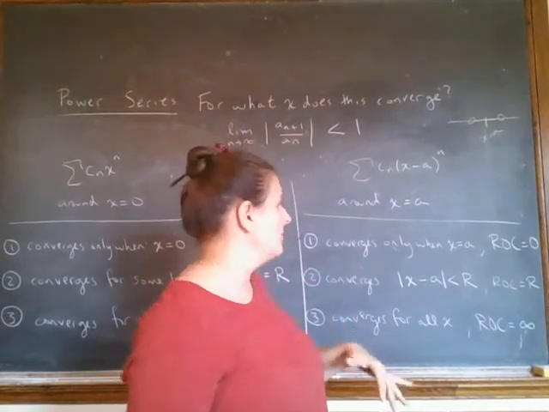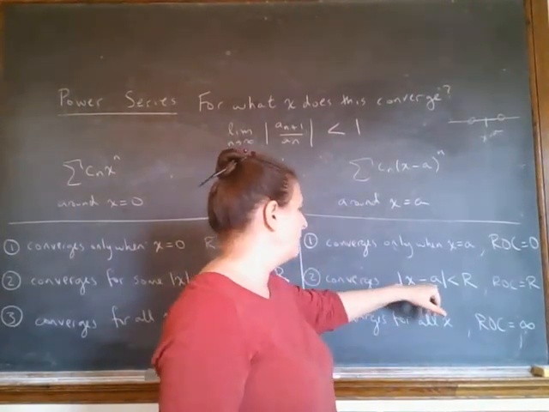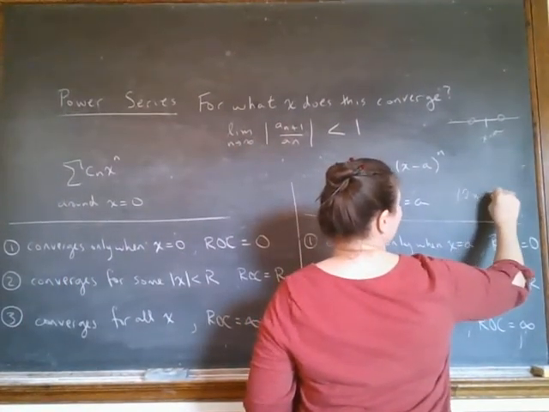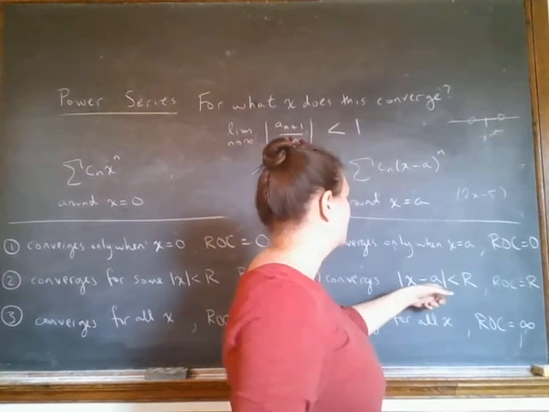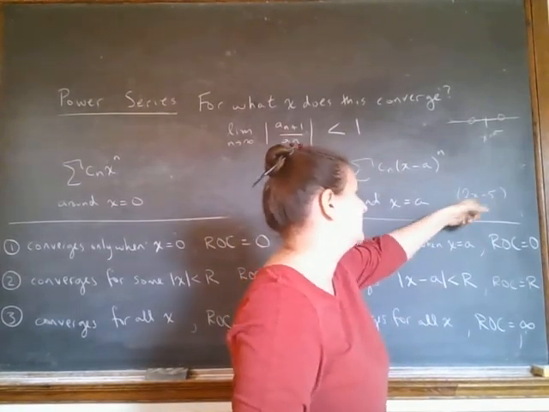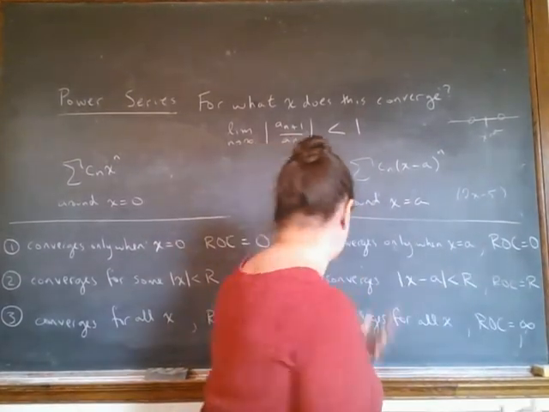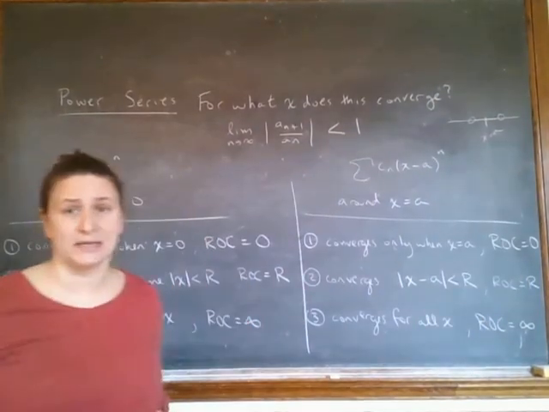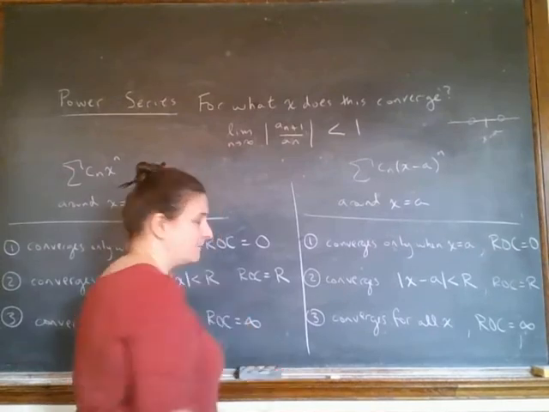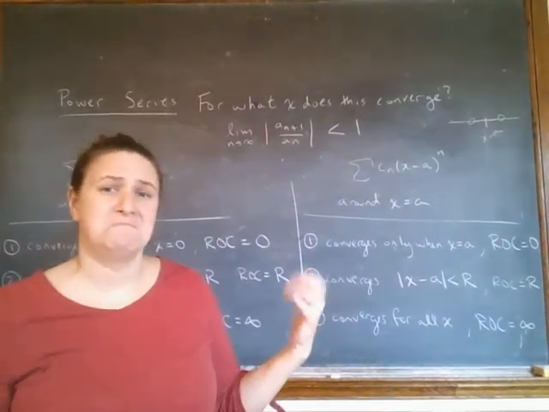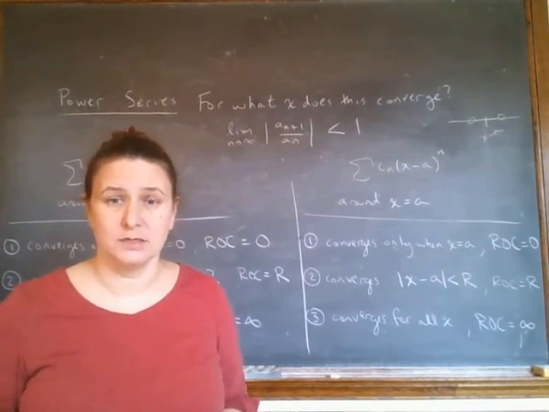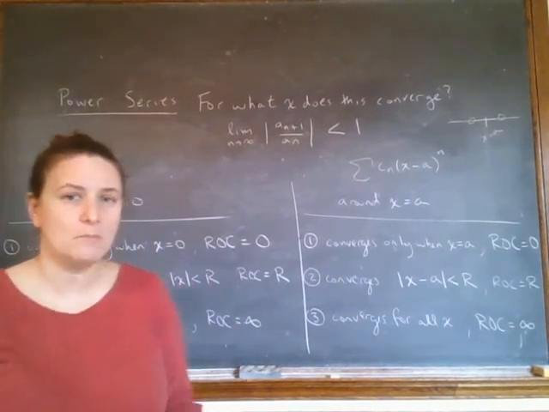If it was 2x minus 5, this a wouldn't be 5 because you have a 2 there, so you have to factor it out. We'll see that with an example. It's a little bit of a pain, but it's no different. You still use the ratio test. That's the important thing.